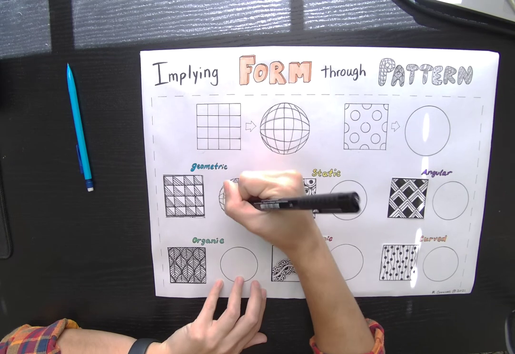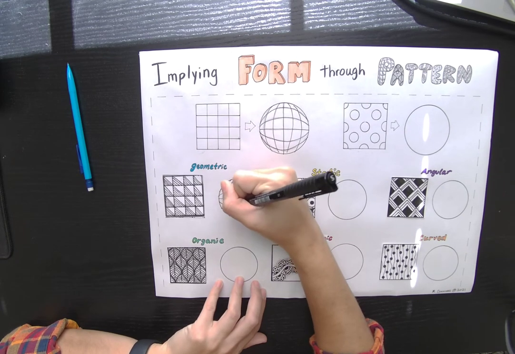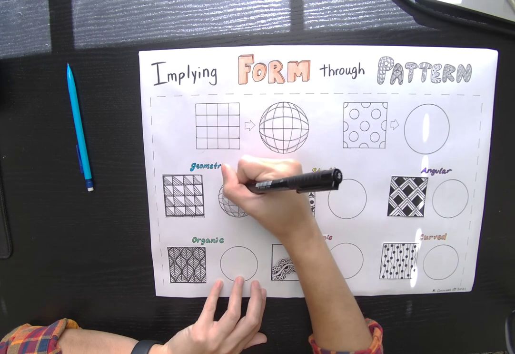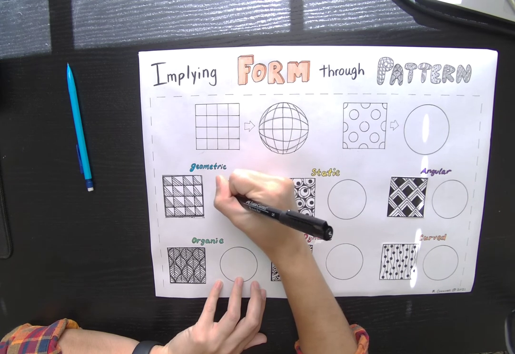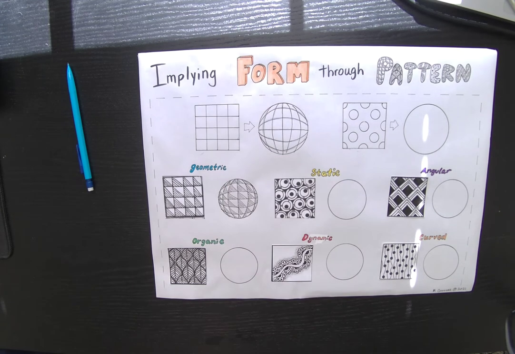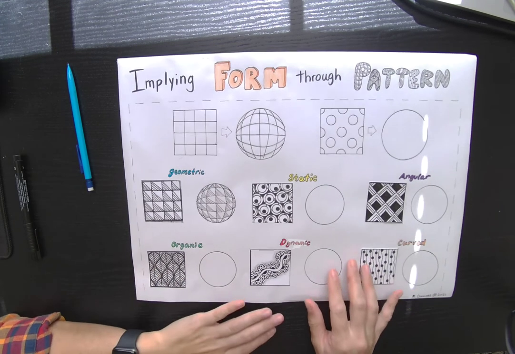Finish up with this side. So that's a really quick example of how you would do a pattern that's got sort of a grid effect to it. Now, how about on the other end?